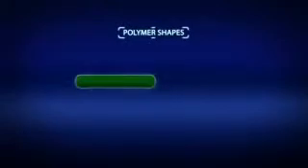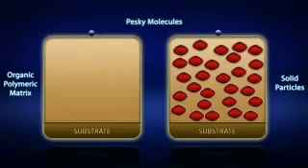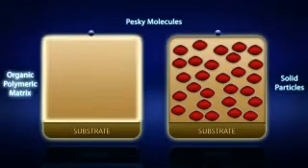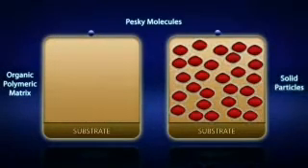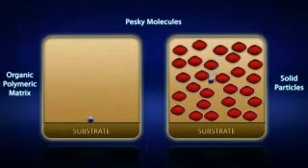Particles typically come in various shapes, such as oblong, round, or plate-like. The small molecules that contribute to corrosion, such as water or oxygen ions, only diffuse through the organic polymeric matrix and not through the solid particles within the coating. So logically, the more particles you put into your coating formulation, the more diffusion is inhibited.